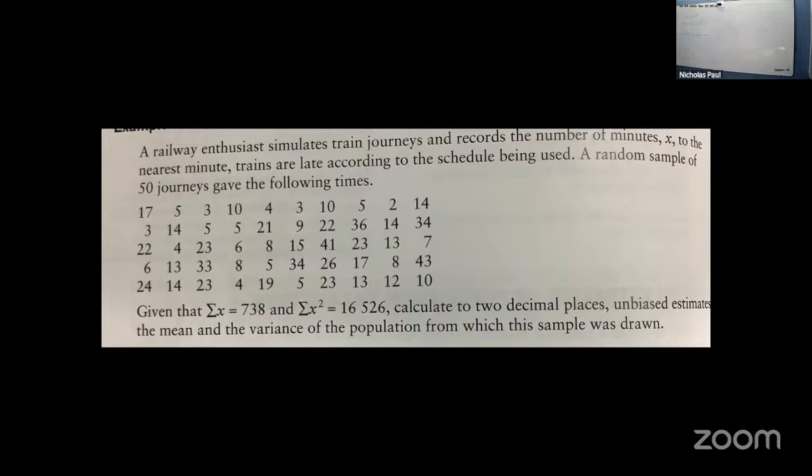The mean is easy, right? Because they gave you the sum of x already. So which formula do you think is the best one to use for variance? The first, the second, or the third? Based on what you have. Remember, you have the sum of x and the sum of x squared. What do you all think? Most people say it is two, because you have the sum of x squared.